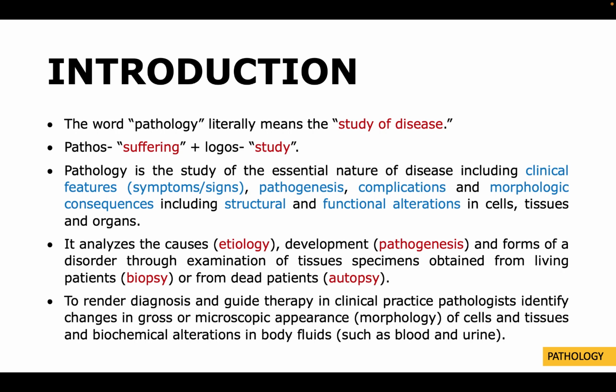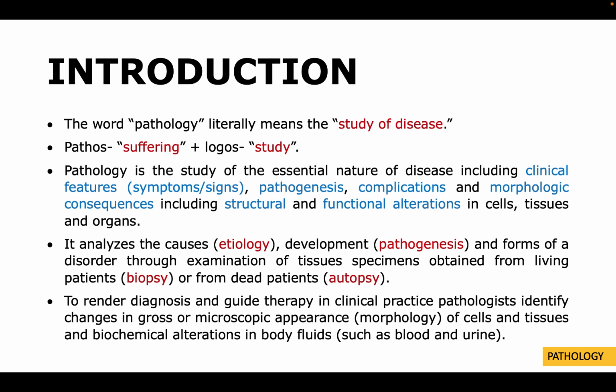Pathogenesis of a condition, pretty much how this condition develops and the things that are affected in the body. Different complications as well as morphological consequences, both gross changes of the tissues, what you can see with your naked eye, as well as microscopic changes both in structure and function of the cells, tissues, and the organs.